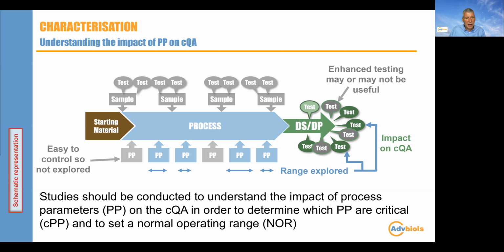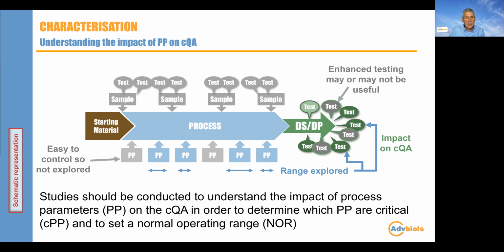Now that you've characterized the process quite well, you need to understand the impact of those process parameters that you have. These could be temperature, concentration of reagents, duration of a step, mixing, or oxygenation. All of these are parameters that impact the performance of the process.